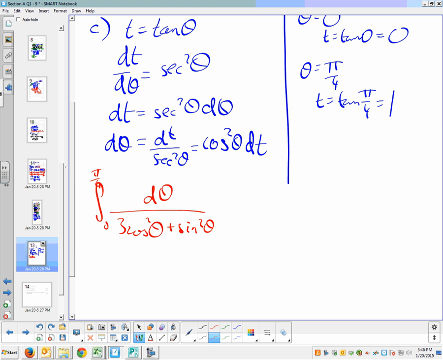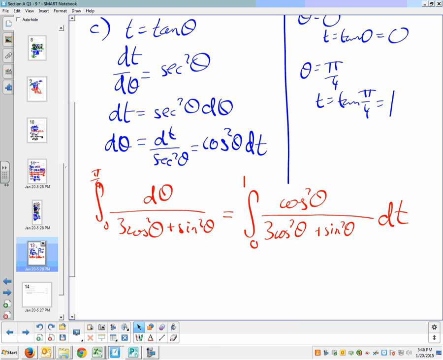So let's do it like this. Let's replace the limits, 0 to 1. Let's replace d theta with cos squared theta dt. And let's leave the denominator as it is.